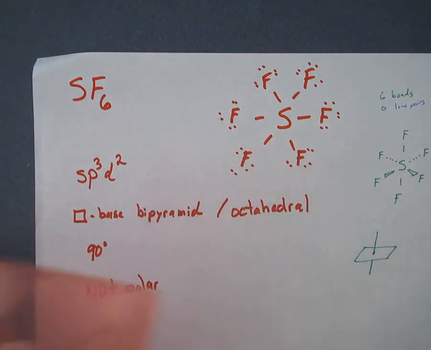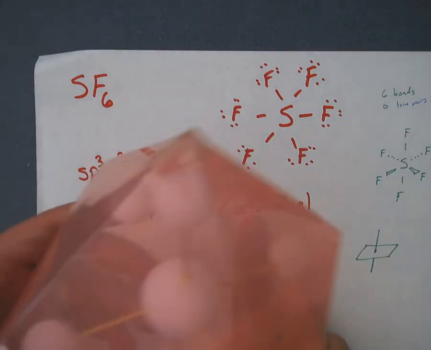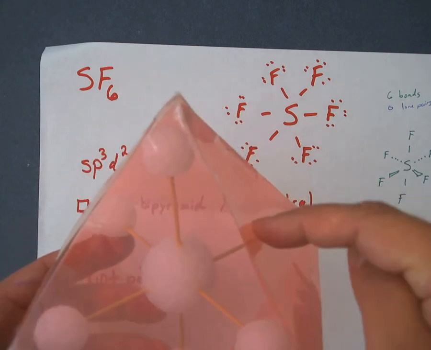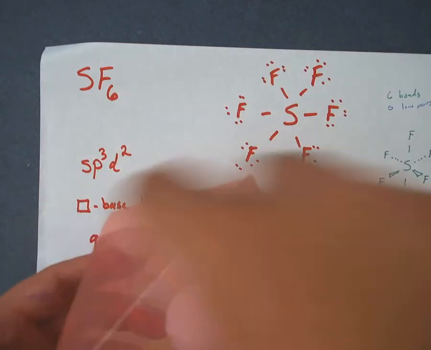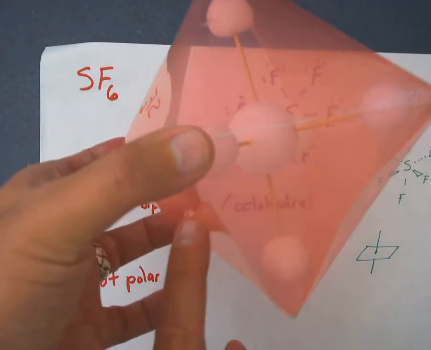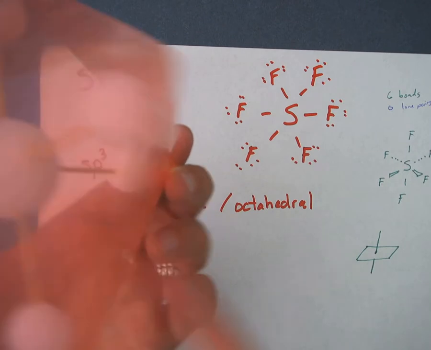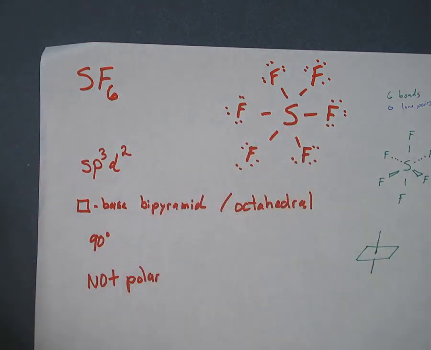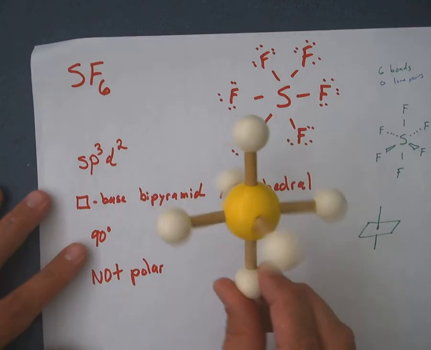Now, where does the octa in octahedral, meaning 8, come from? Well, if you counted, there's actually 1, 2, 3, 4 triangles on the top half, and 1, 2, 3, 4 triangles on the bottom, all the exact same size: octahedral. And this shape comes with 90 degrees.